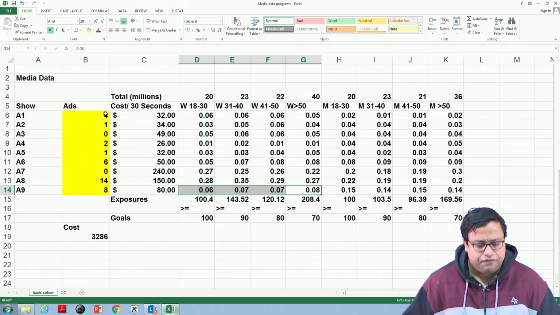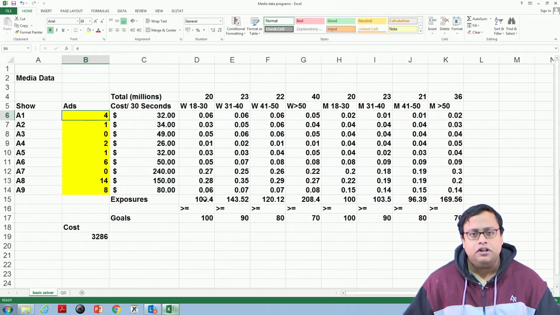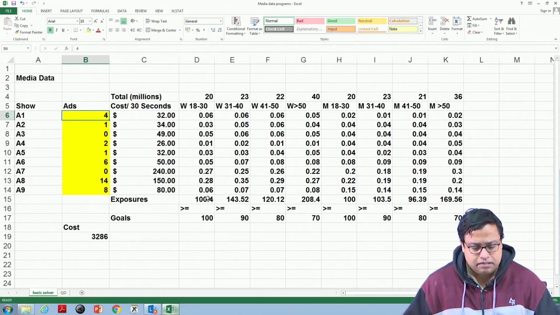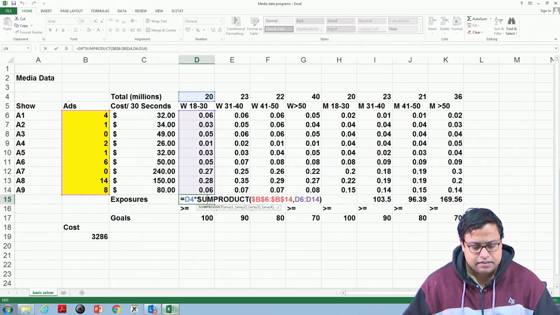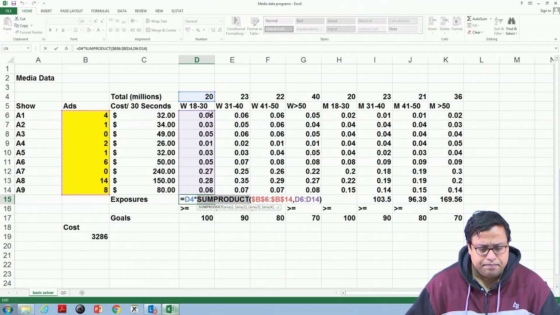Now, if I give 4 ads here, what will be the level of exposure? The level of exposure for each ad is the sum product of B6 to B14, which is this column, with D6 to D14.